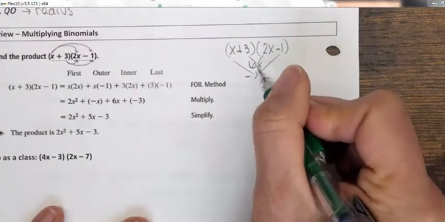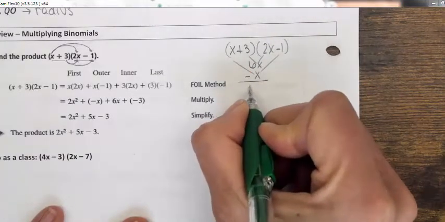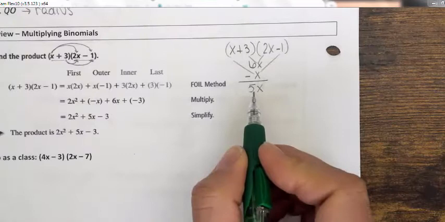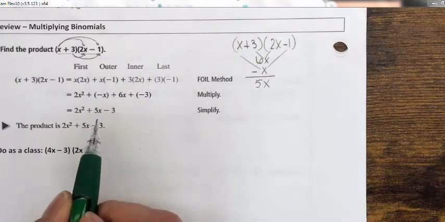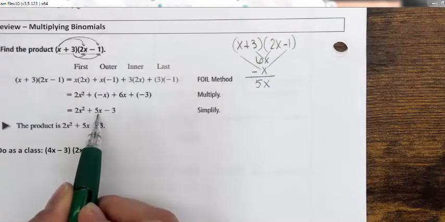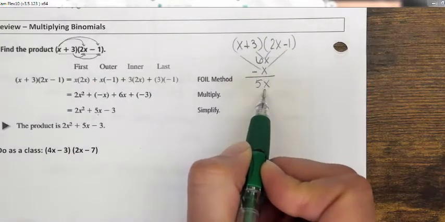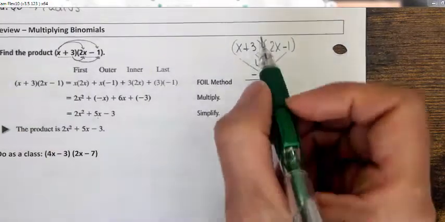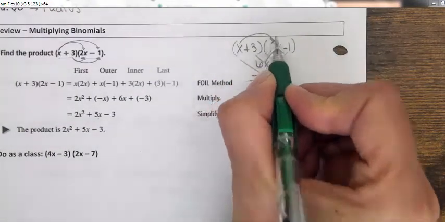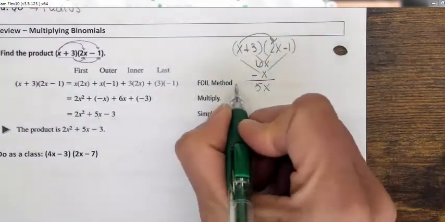Notice that those are like terms. You combine those and you get 5x. So where do we see 5x? We see that as our middle term. So your inners and your outers give you your middle term. Your first terms, if you were to multiply our first terms here, we're going to get 2x squared.